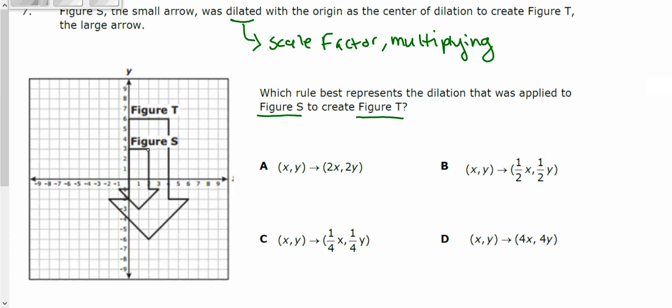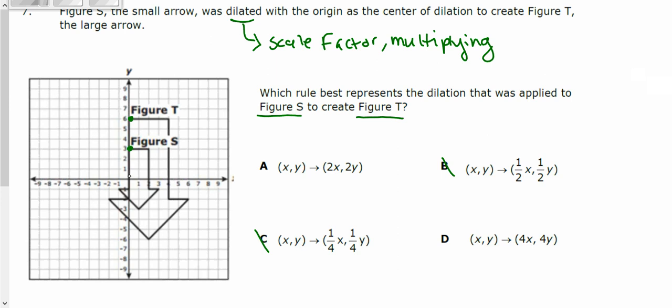Well, I can see to get from S to T, it's getting bigger. So if it's getting bigger, I can get rid of B and C. So I want to know, is it getting 2 times bigger or is it getting 4 times bigger? So I'm going to focus on one coordinate and look at how it's getting bigger.